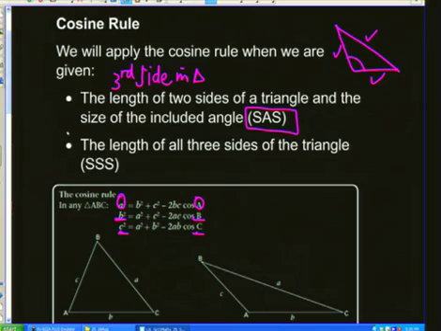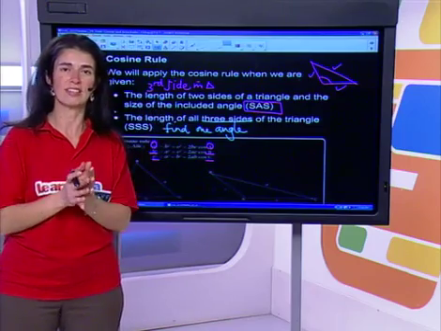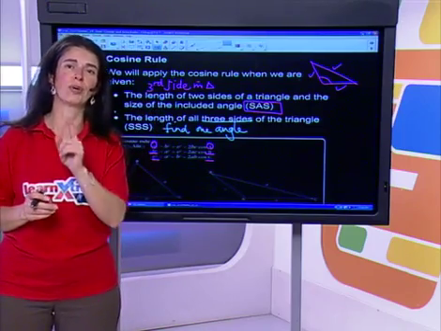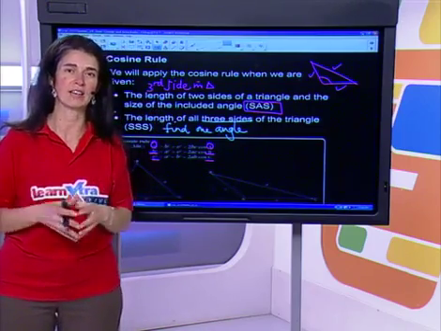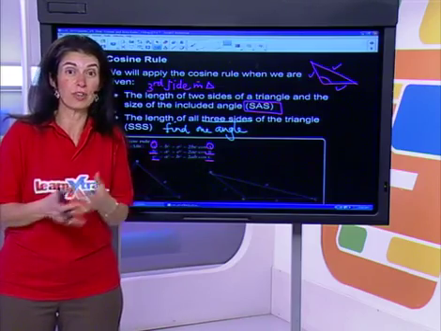Then, the other thing that it's very useful for is if we've got the length of all three sides, we are able to find one angle. Now, grade 11s, just imagine, up to this stage in your lives, if you had a triangle with three sides, you would have to go and measure each of the angles by construction with a protractor.